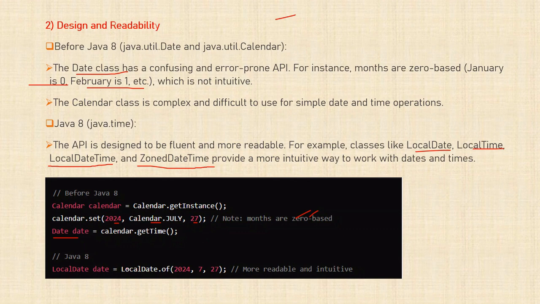In Java 8, you achieve it with LocalDate.of(2024, 7, 27), which is more readable and intuitive. So with the help of LocalDate you can get the date in Java 8, whereas before Java 8 we had to do it like the above.